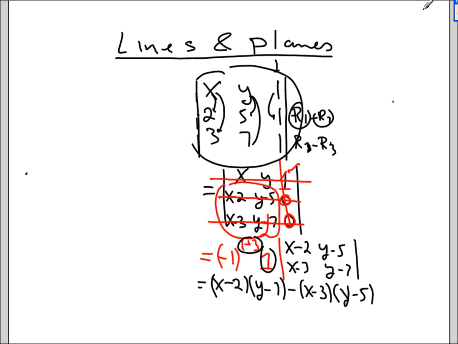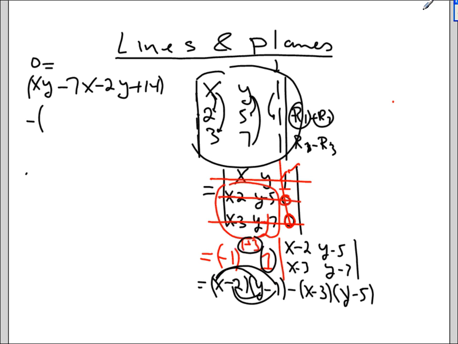So when I FOIL this out, I get xy. Oh, actually, this shouldn't be a problem. Minus 7x minus 2y. So 0 is equal to what I'm writing. Plus 14.